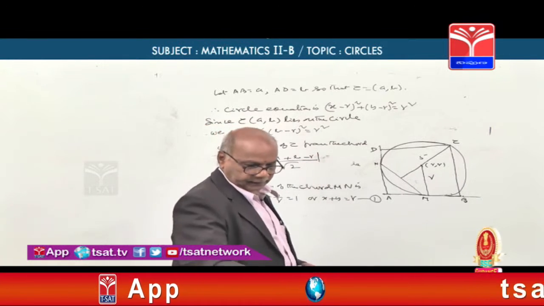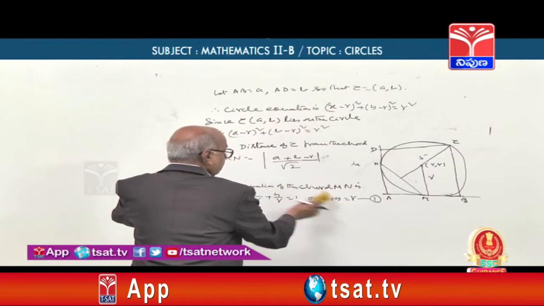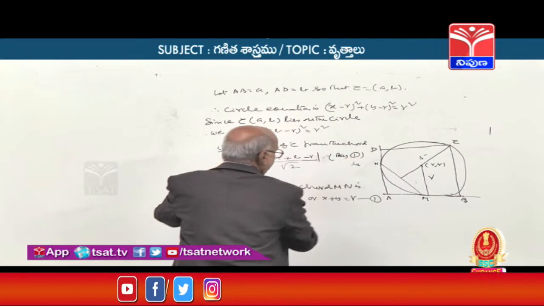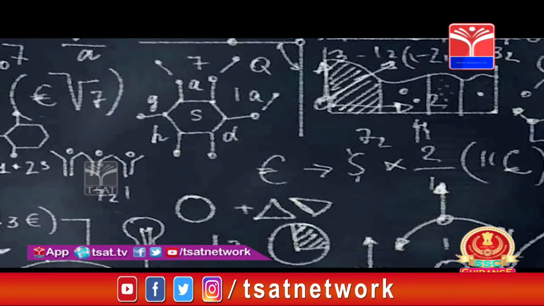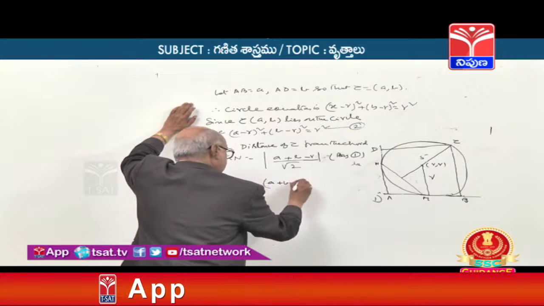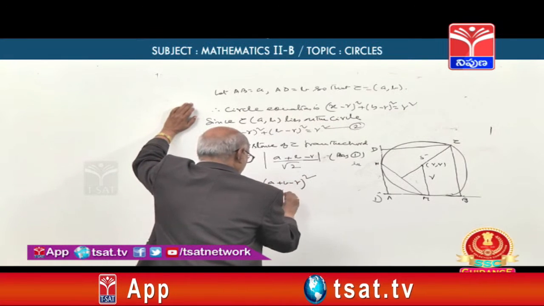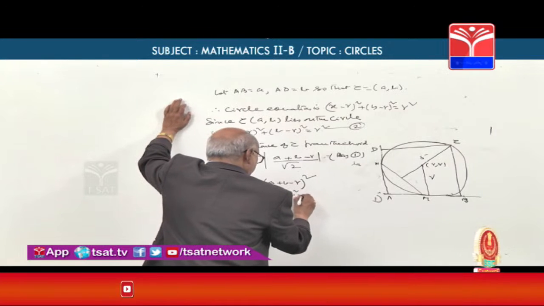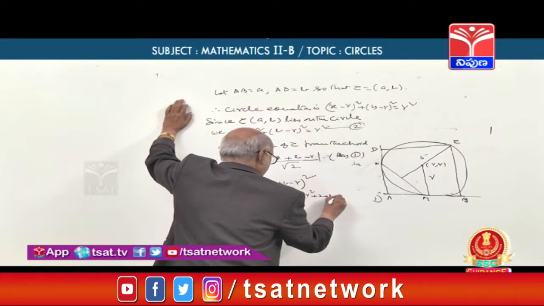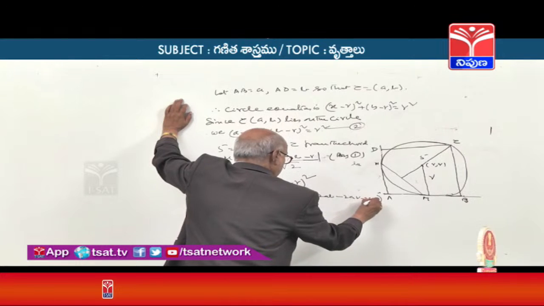Now, expand it. This is by reference number 1 itself. The 2 goes to the other side, so 2 into 25 is equal to a plus b minus r whole square, that is a square plus b square plus r square plus 2ab minus 2ar minus 2br.